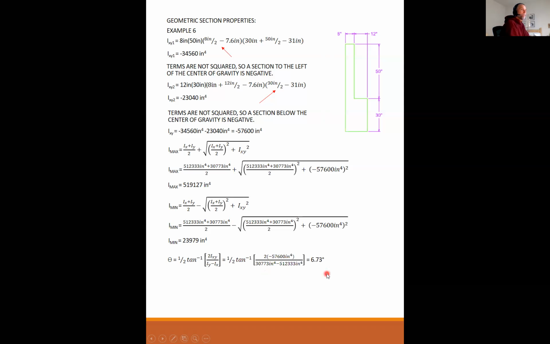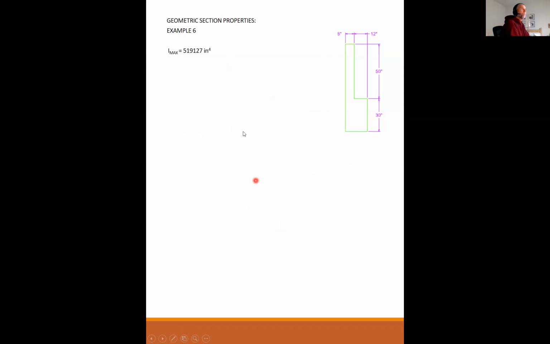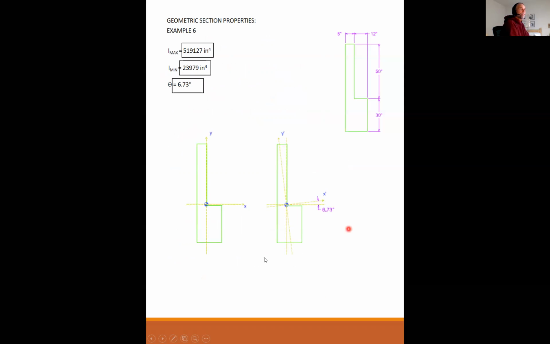And that comes out to be 6.73 degrees. So as a summation, Imax is 519,127, Imin is 23,979, theta is 6.73 degrees. Those are my boxed answers.